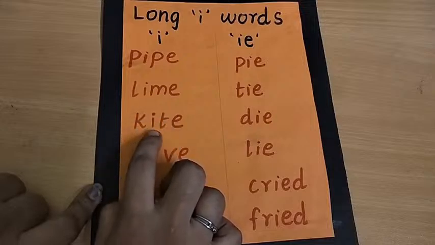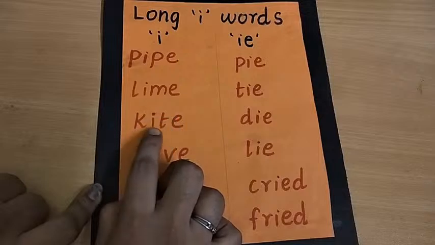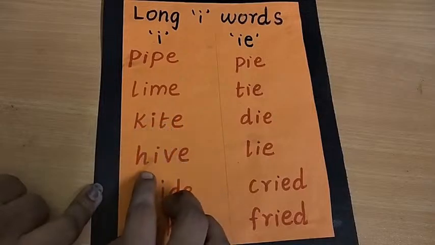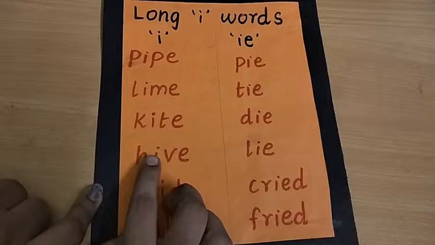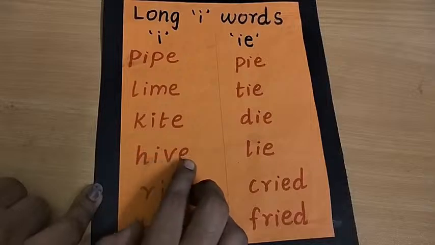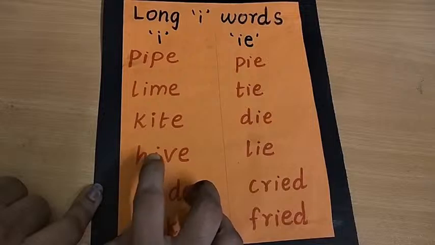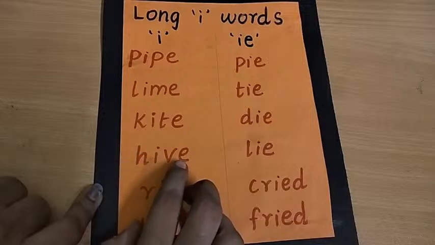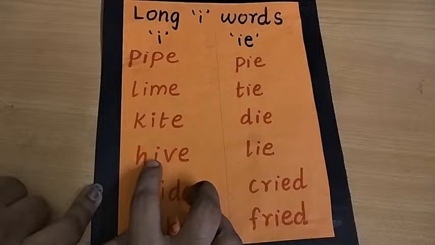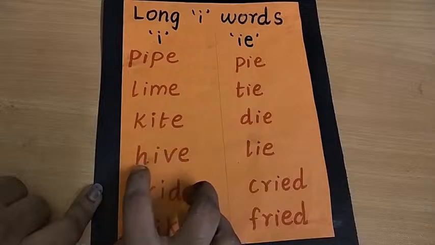The next one, H, I, V, E. The sound of H is H. Next, you have the letter E at the end. So the vowel takes its longer sound, that is I, V. Hive.